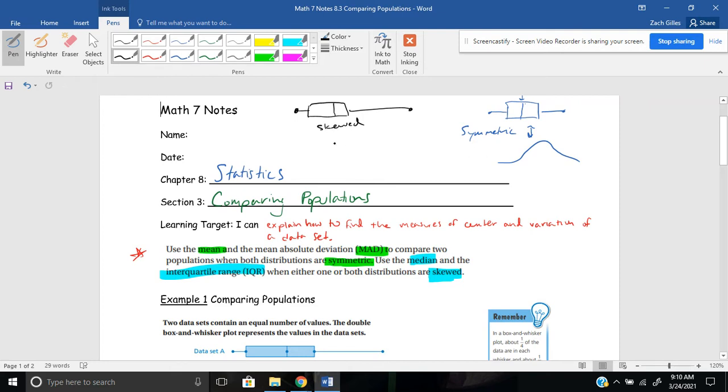Or if your dot plot showed something like this, where most of your data is here and you had little data here. Those would be examples of skewed data, where you have more data, or bigger numbers, on one end compared to the other. And for that, you'd use median and interquartile range.